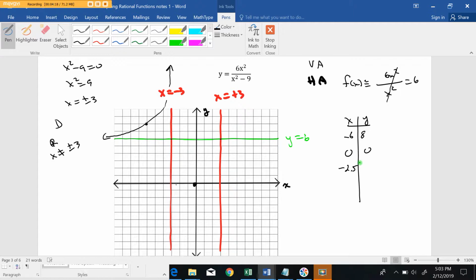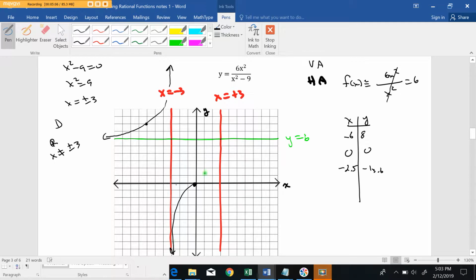Okay, I got negative 13.6 out of this. What that tells me is at negative 2.5, we're way down here. So that's telling me that this graph is definitely doing this.